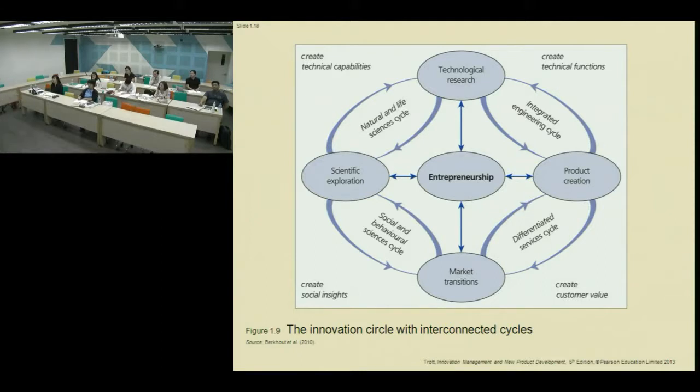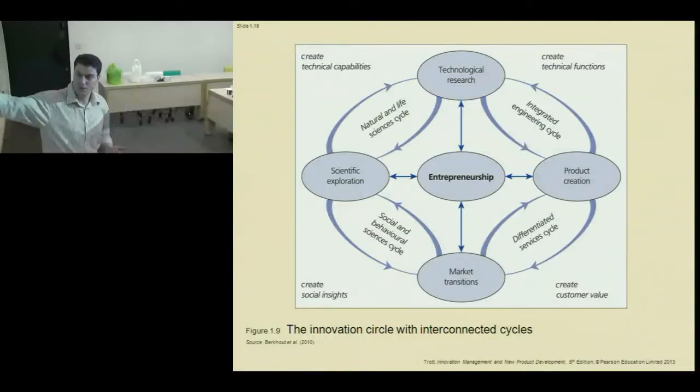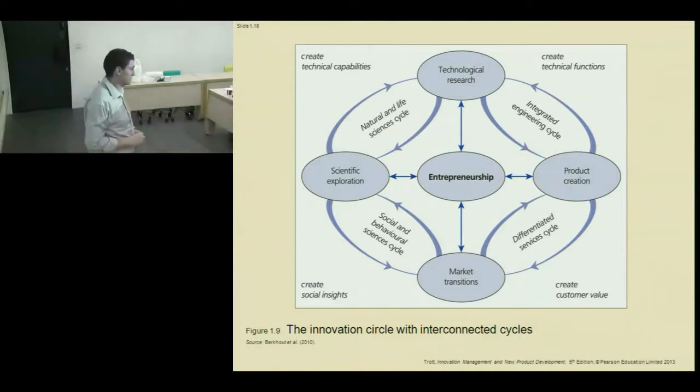Okay? And then we have the differentiated service circle. For example, with a Nokia you could just talk and text. With an iPhone you can do everything. Okay? Even start the washing machine. And then again, from market transition, we reached scientific exploration, having social and behavioral sciences cycles.